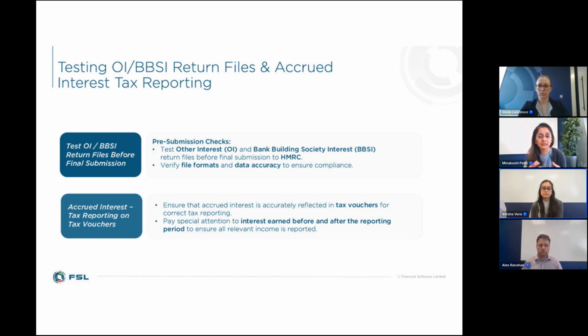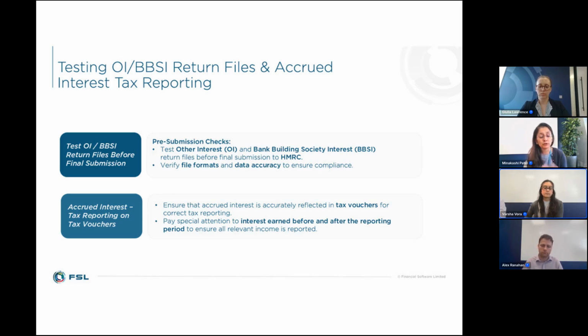To help you with the intricacies that surround the validations to do with BBSI and OI, like making sure that all the incomes are correct and that you've got all your participants set up correctly, there are 2 reports available as part of the HMRC extract area within CGX. You've got the income client exception report and the income participation exception report as well.